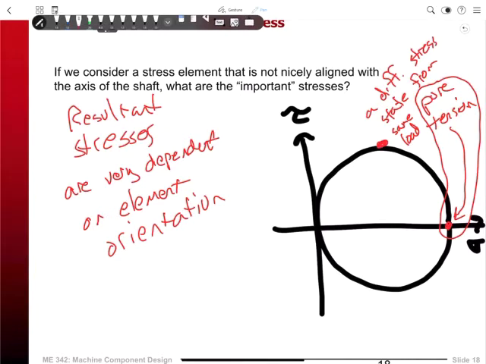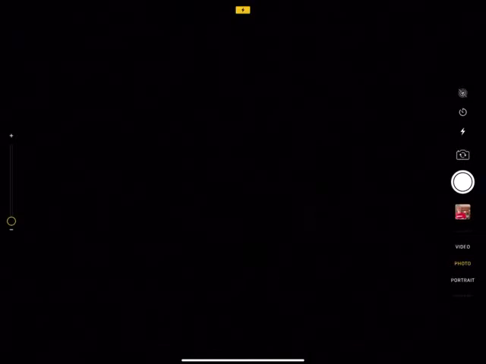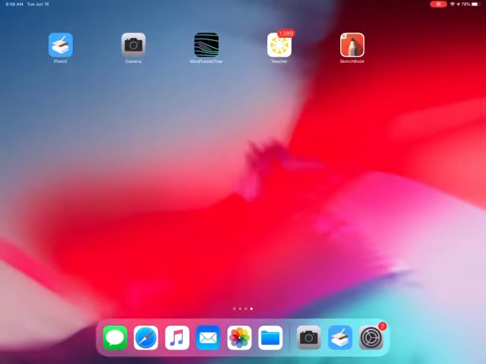So I could have anything in there. It turns out that this angle here is 2 phi, which means if I rotate my stress element 45 degrees, I can go from pure tension to tension and shear. And it turns out that's where we get the maximum shear. Yet another formula or way to get maximum shear.